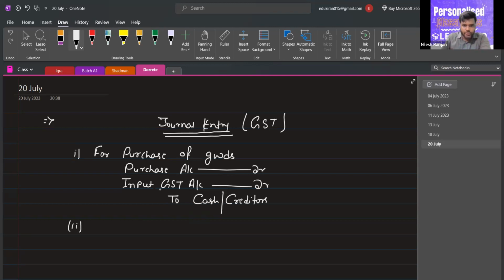So for purchase of goods, I have written input GST, but as per the situation, you can write input CGST account debit, input SGST account debit, or input IGST account. Can you repeat, sir? I did not understand. Let me write this.